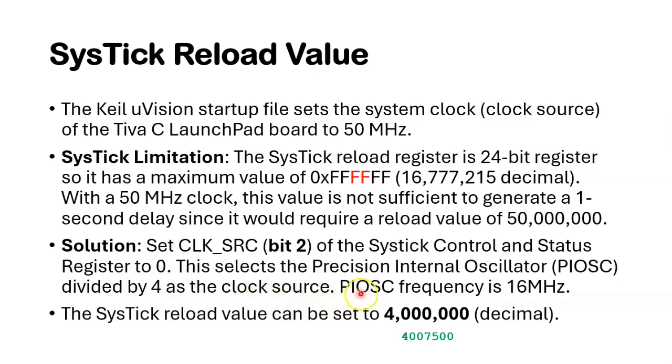Now the PIOSC frequency is 16 megahertz. So this 16 megahertz will be divided by 4. That will give us 4 megahertz. Right? So the SysTick reload value can be set to 4 million, because 16 megahertz divided by 4 is 4 megahertz. So that is 4 million in decimal.